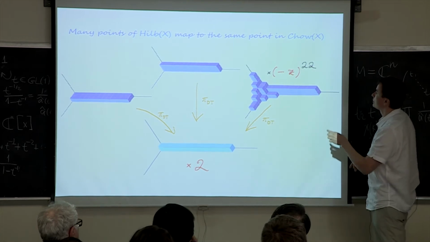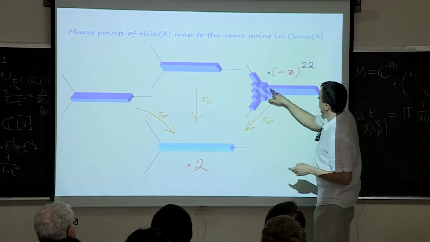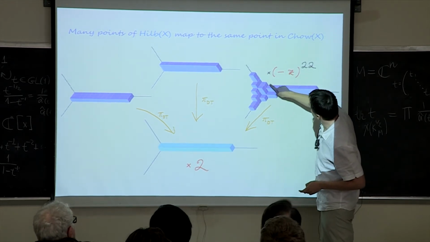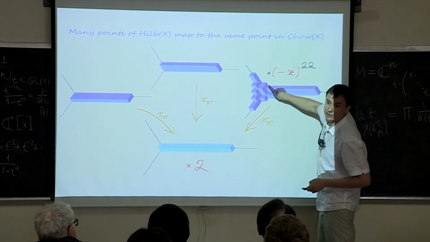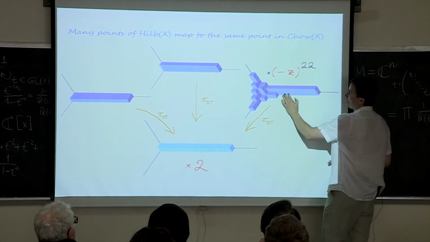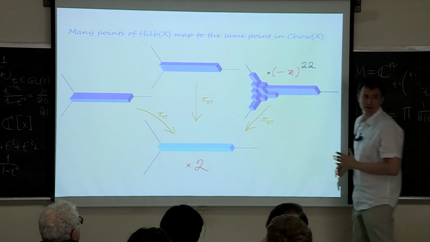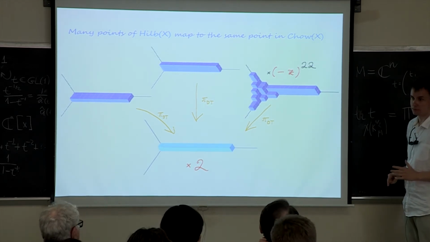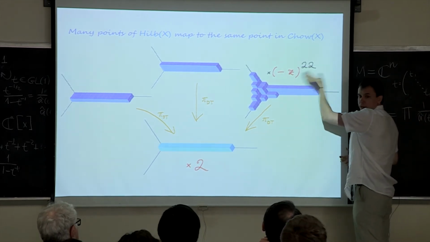In other words, instead of modding out by just squares of variables, I mod out by, for example, x3 squared times x1 squared, or something like that. And in this map, all of that will be forgotten, because all you do is look at generic points and compute the multiplicity there.